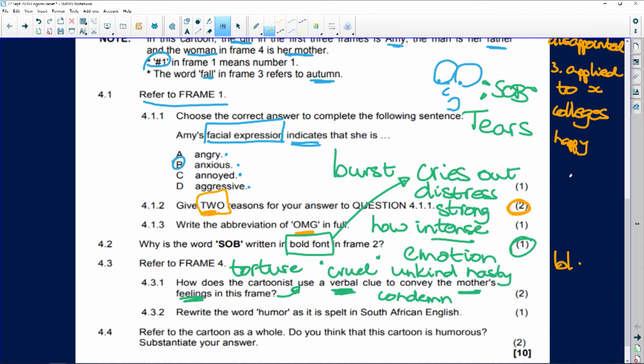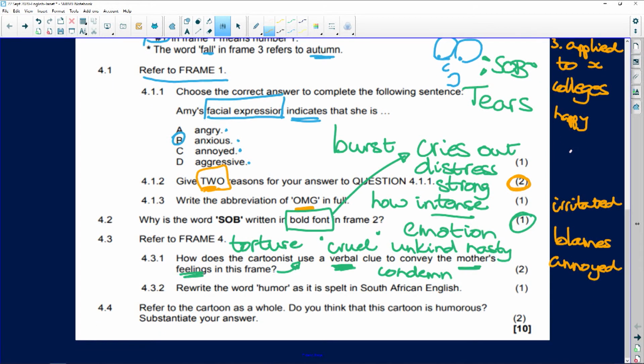She blames them. So she's feeling very annoyed, irritated. Maybe she feels that they've done something wrong, so she's criticizing, critical. She's feeling very critical of the staff.